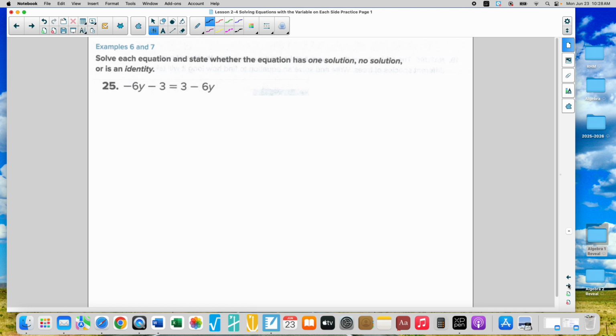Solve each equation. State whether the equation has one solution, no solution, or identity. So, in this situation, we're going to see if the variables cancel. One solution: if the variables don't cancel.